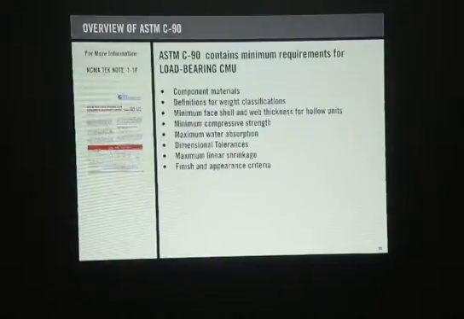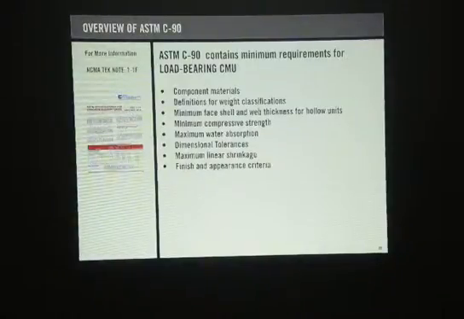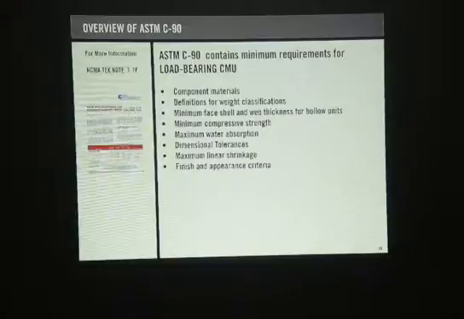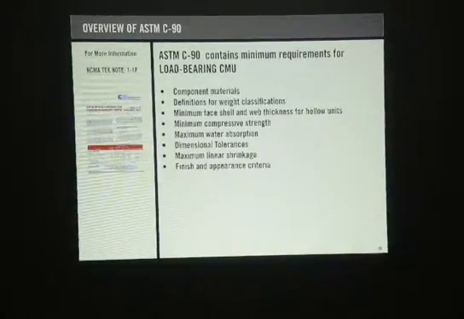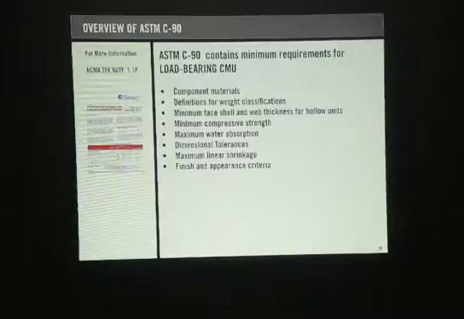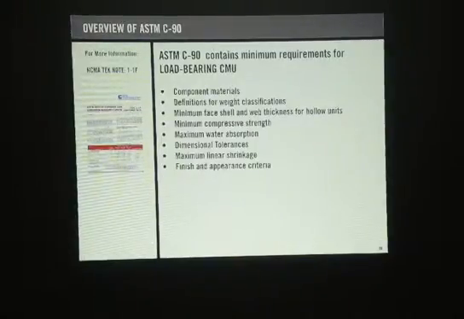Now we're going to go to the next section, which is the overview of ASTM C90. In ASTM C90, you can see 8 different bullet points here, which are minimum requirements for load-bearing CMU. Now, there's something on the left which we have not seen before.